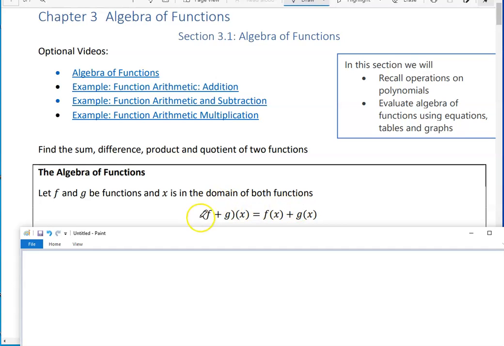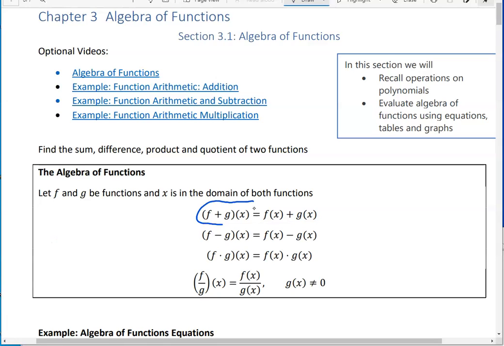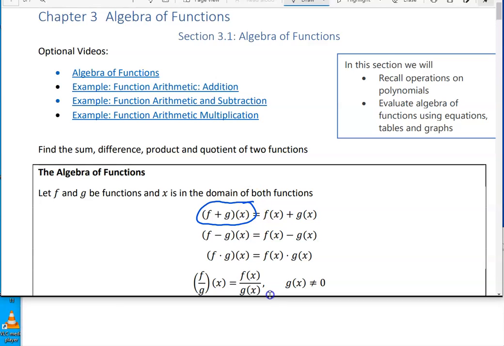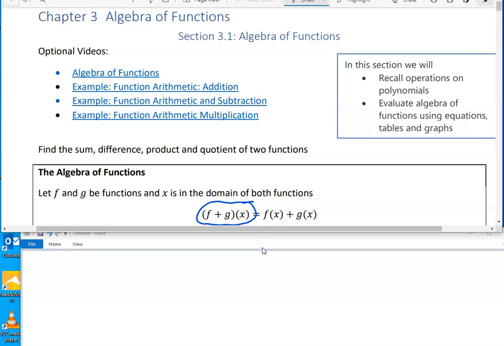I have a function f of x and a function g of x. And basically, they're defining a notation. When I say this, f of x plus g of x, and I'm going to hide the rest just to not be scary. When I have this function f of x plus g of x, what that means is take f of x, whatever it happens to be, and we're just adding g of x.